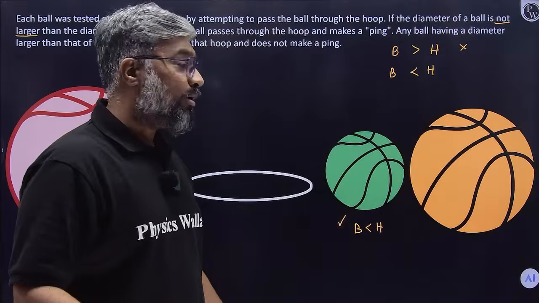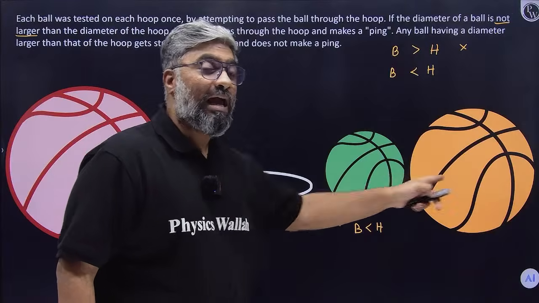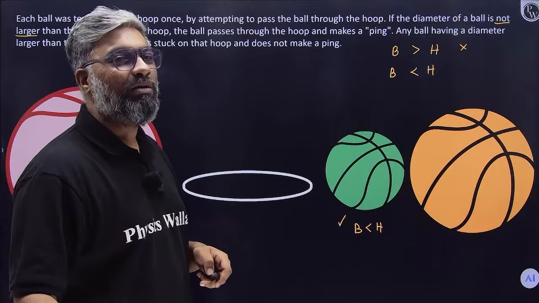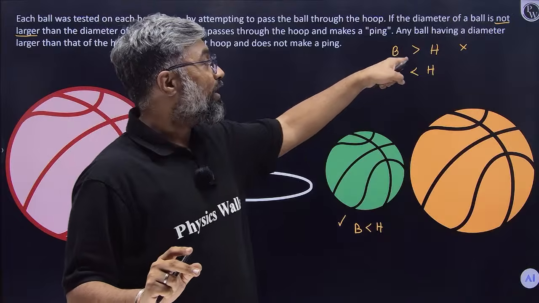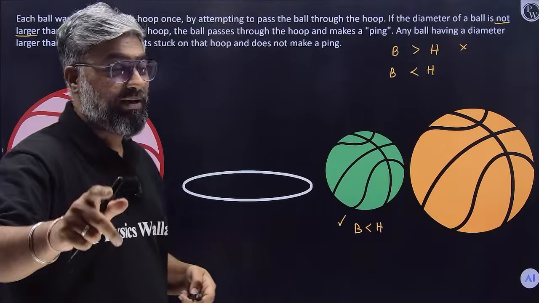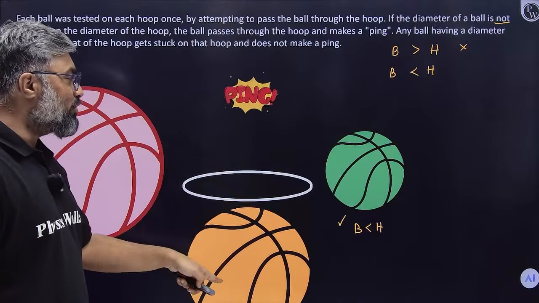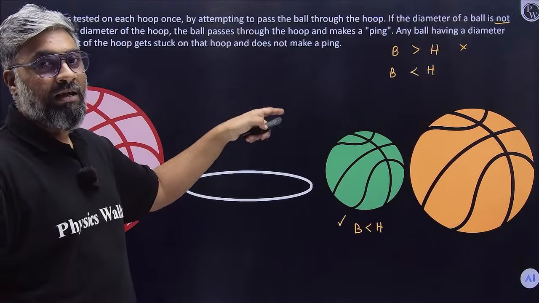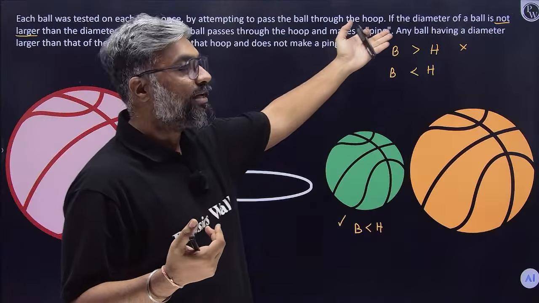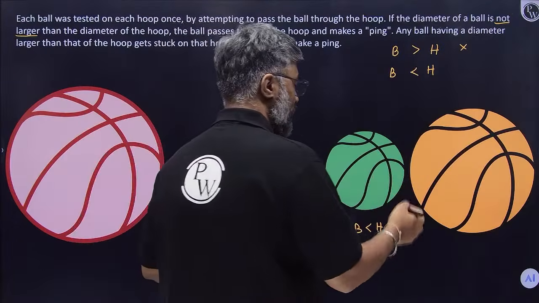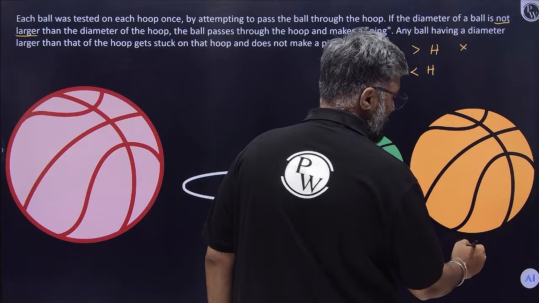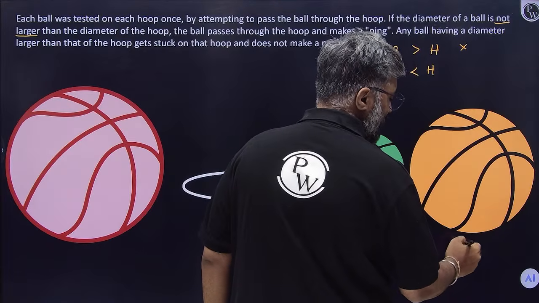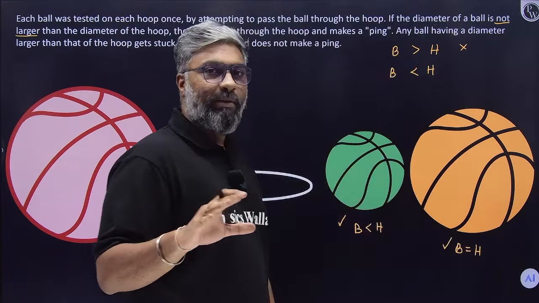But when the size of the ball and the hoop are the same, according to this condition there must be a ping, correct? That the ball does go through and does make a ping sound. But that's just us reading into the condition. We don't know if it's important or not, but if the size of the ball and the hoop are the same, then it should probably make a ping.